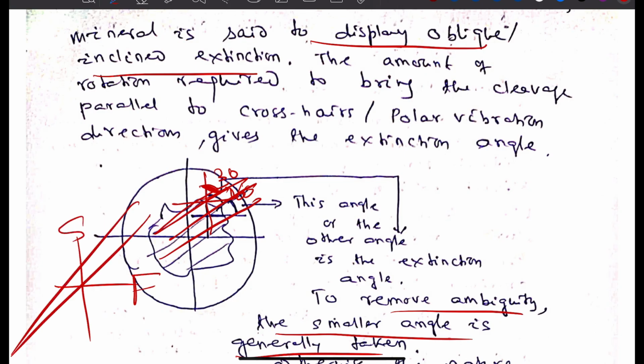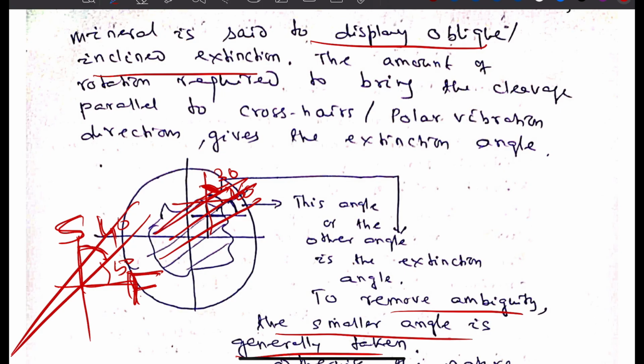If this is the cleavage direction, then if this angle is 40, this angle will be 50. So angle with fast it is 50, angle with slow it is 40. If we are measuring the fast or slow vibration direction, then we will write down the extinction angle with respect to the vibration directions. Either here it will be 50 for fast, 40 with slow.